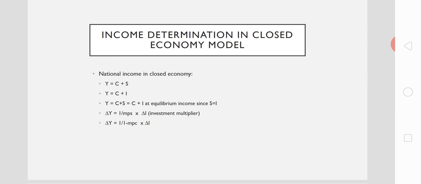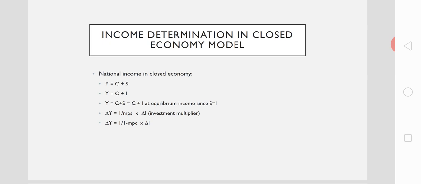So we know the investment multiplier. The investment multiplier is the change in national income due to a change in investment. Delta Y refers to the change in income. So the impact of the multiplier, that is the change in income, is equal to 1 by MPS into delta I, where 1 by MPS is 1 by marginal propensity to save, or 1 by 1 minus MPC.